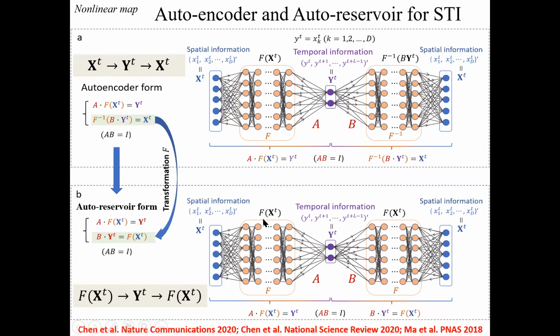So X goes to the neural network, reduces and compresses to Y, the feature space, then goes back to the original space. It's not the original space, it's the neural network space. I just want to stress it's different from the autoencoder, even in the form, because we use these equations.